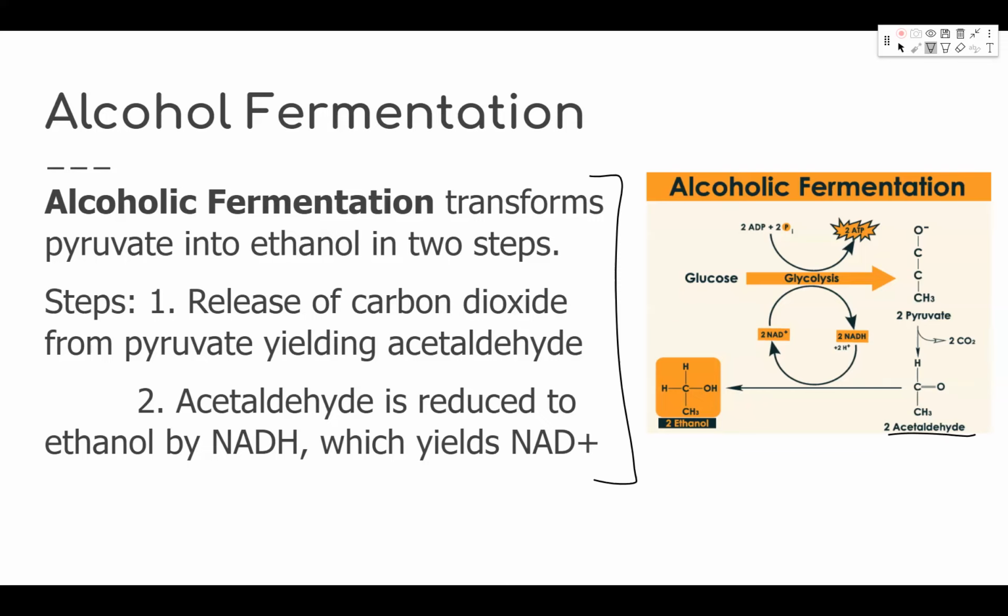And after that, our acetaldehyde is going to be reduced by this NADH. Remember, reduced means we are adding electrons because we are reducing the charge. And then that will get us ethanol.